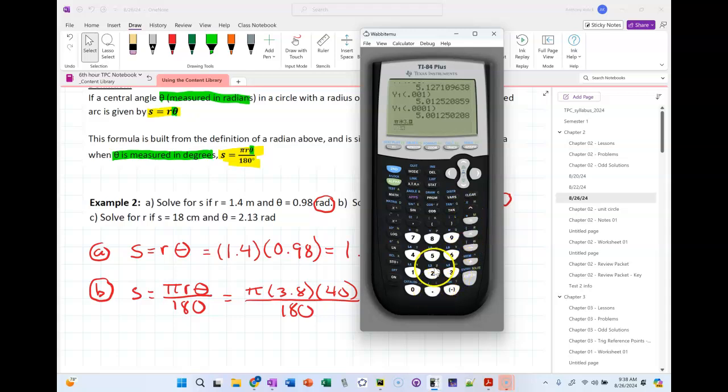Whenever I have a calculation with a horizontal fraction bar, especially with operations in the numerator and denominator, I like to type it that way. That gives me the peace of mind knowing that if it looks exactly like the piece of paper, the calculator's doing exactly what I think it is. If you use the division symbol, particularly with operations in the denominator, it's very easy to screw that up with your parentheses.